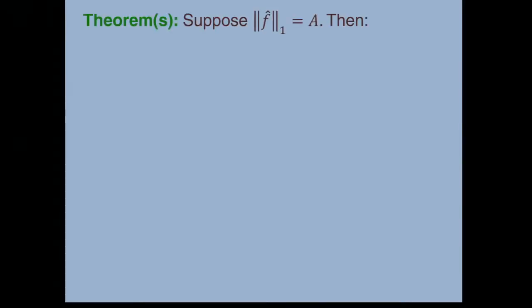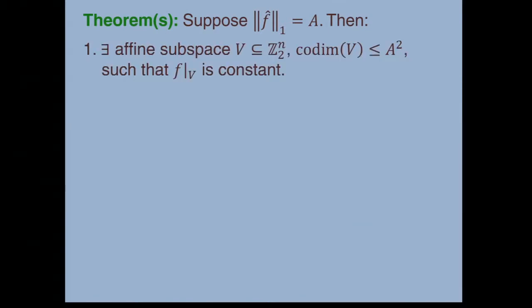So let's state several of our results. Suppose again you're given a function whose spectral norm is a. The first thing we do is identify some sort of local structure of f. We claim that there's a subspace V of Z2 to the n, with codimension at most a squared, such that f must be constant on V. You can think about it in contrast to the Green-Sanders result.